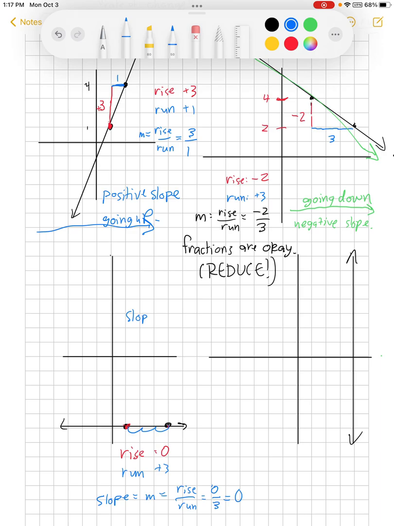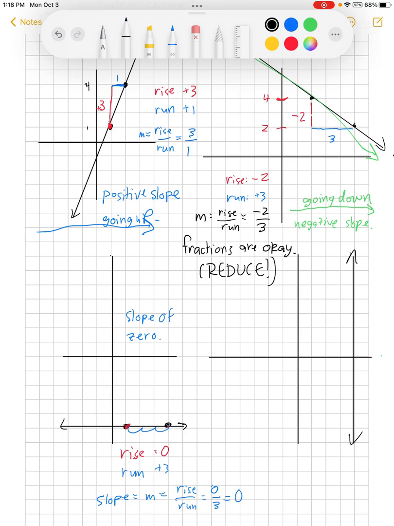Notice we have a slope of 0. Please familiarize yourself with what this looks like, as the third question on your assessment is, draw an example of a slope of 0.